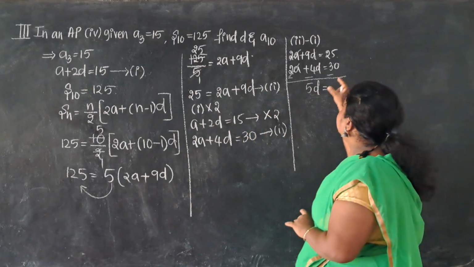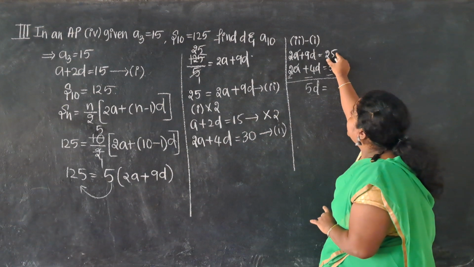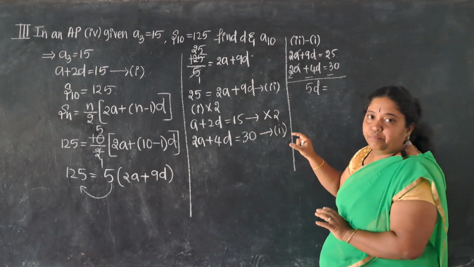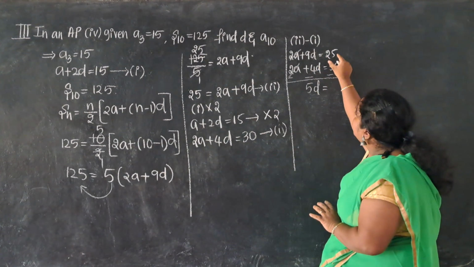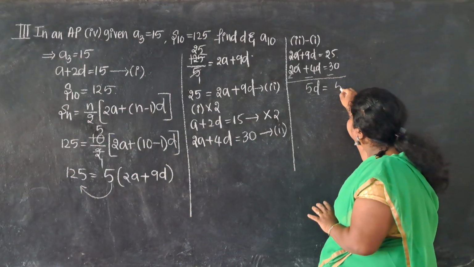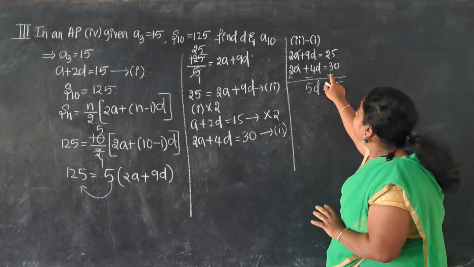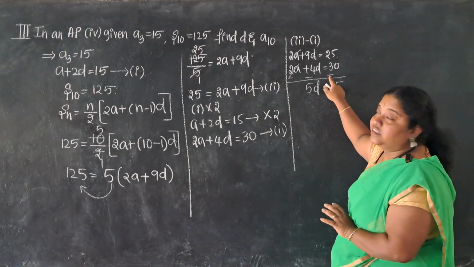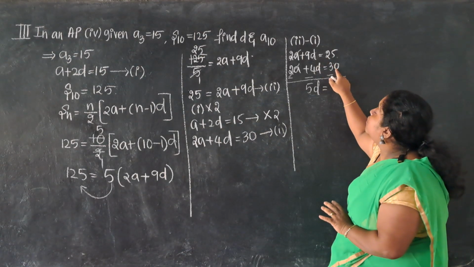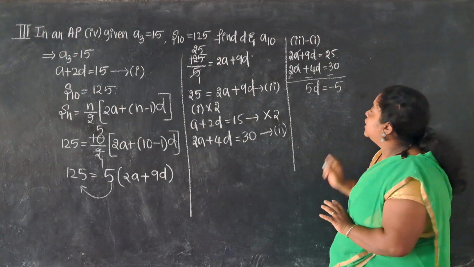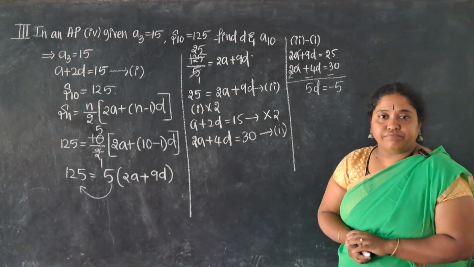Now, 30 is the bigger number and 25 is the smaller number. When I subtract 25 from 30, I get 5. And I have to keep the sign of the bigger number. What is the sign of the bigger number, dear? Minus. Because the smaller number's sign is positive and the bigger number's sign is negative. So I got minus 5.